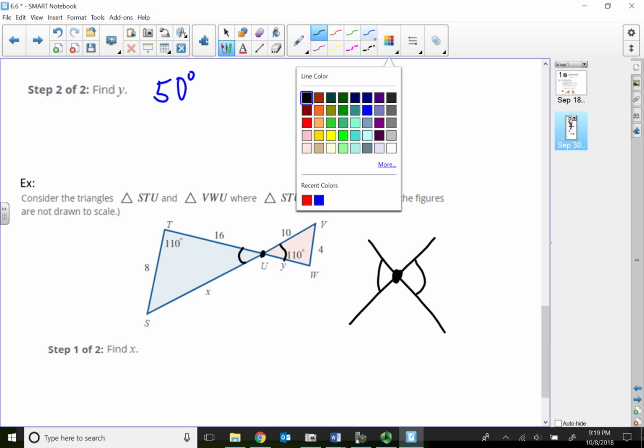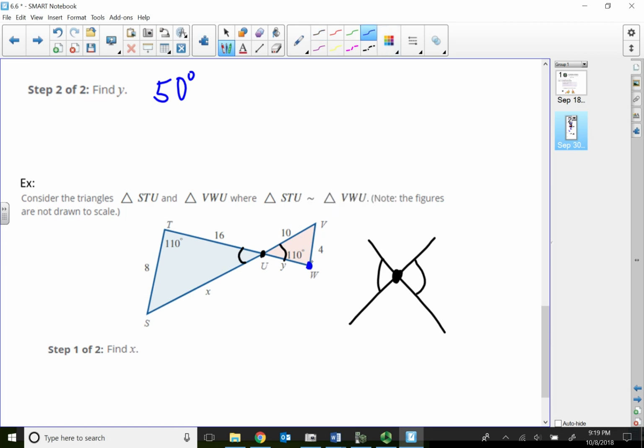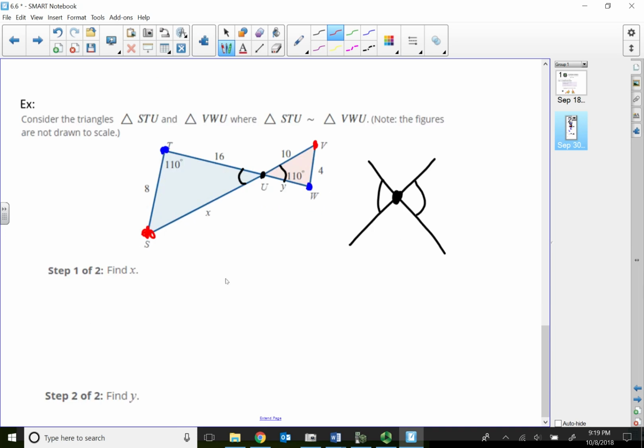Now I know 110 corresponds to this 110, therefore the V corresponds to S. I color coded them so we will use the correct numbers.